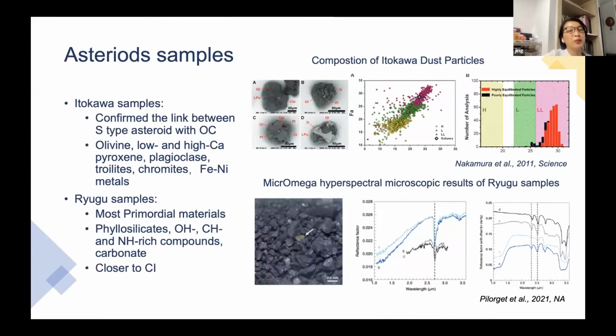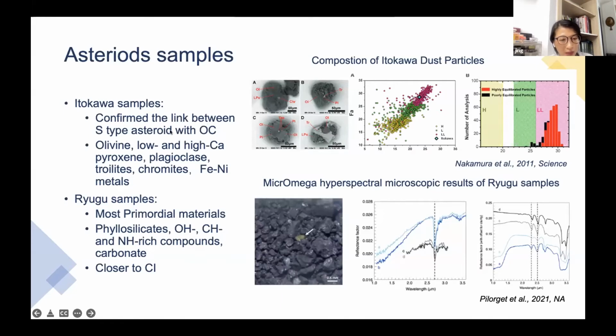Then we have the real information from real samples of asteroids. The Itokawa dust particles are the first ever asteroid samples back to Earth. Before the mission, Itokawa was believed to be linked to S-type.